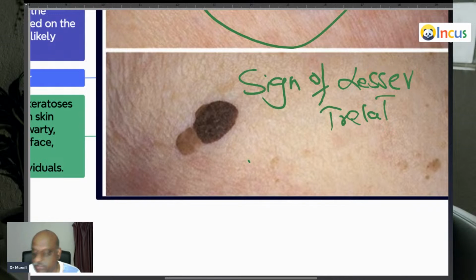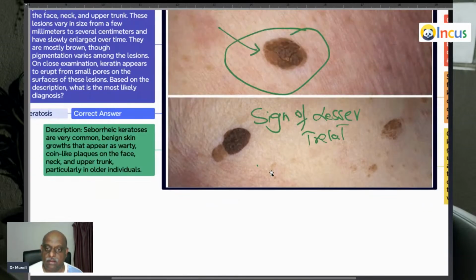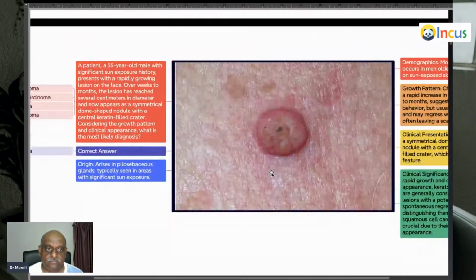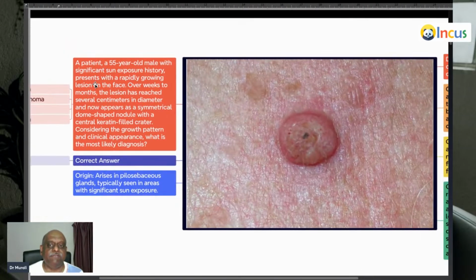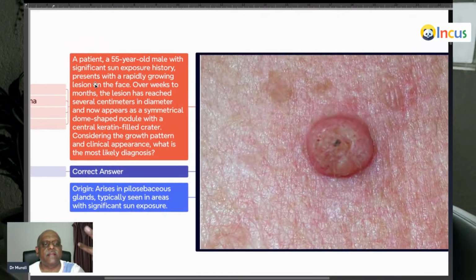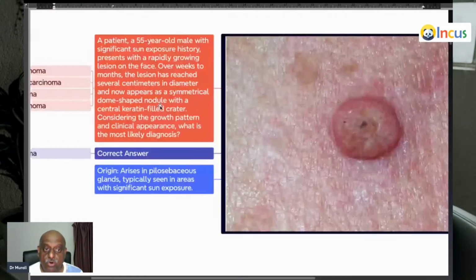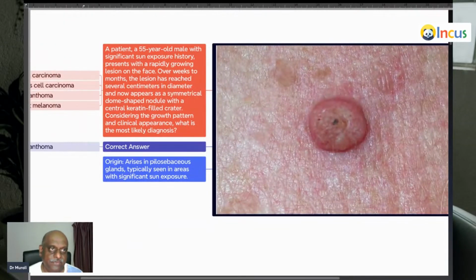So now let's take up the next question. A patient who is a 55-year-old male with significant sun exposure history. Now there is a symmetrical dome-shaped nodule. So how do you like to classify this dome-shaped nodule, doctor?